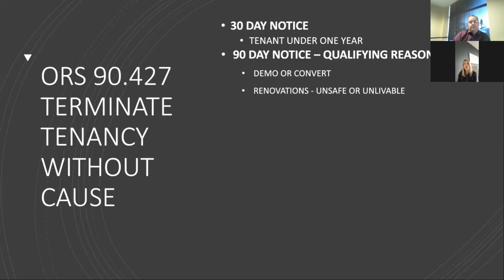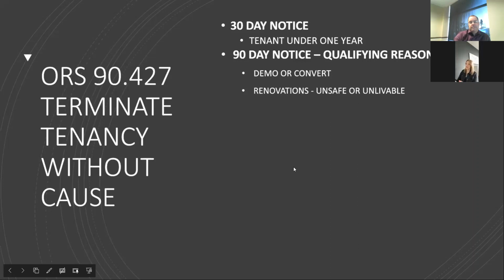Renovations. So you can give a 90-day notice to do extensive renovations. There is no black and white about what type of renovations. It's kind of a little bit gray. The wording is here.